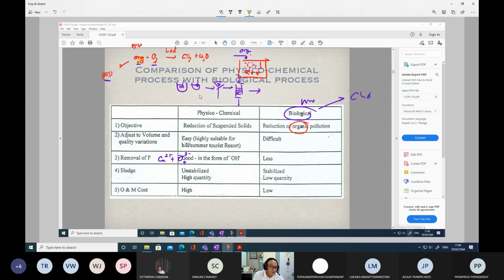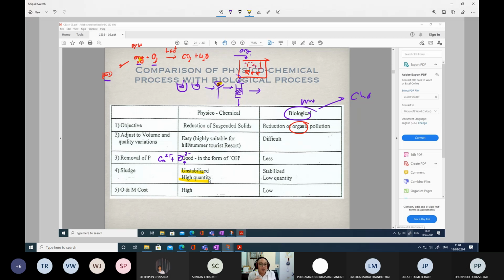Coagulation, and after that we allow the floc to settle in the sedimentation tank. So mostly the sludge is generated from the secondary sedimentation tank, and this sludge in terms of quantity is very high.